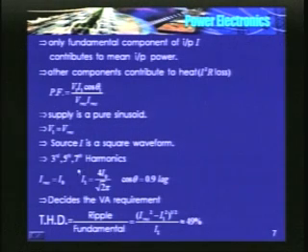RMS value of the fundamental component is given by this equation, 4 I naught by square root of 2 by pi. So, if you substitute all these values in this equation, power factor becomes 0.9.